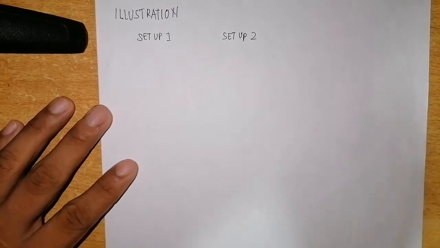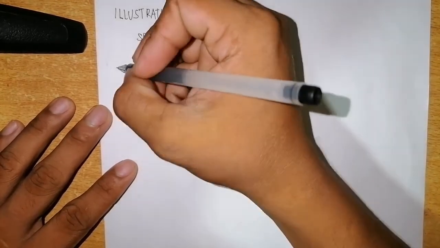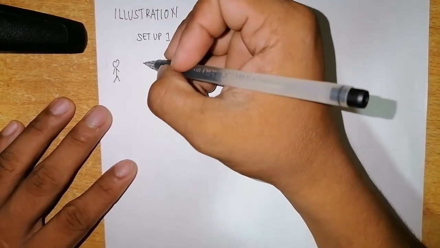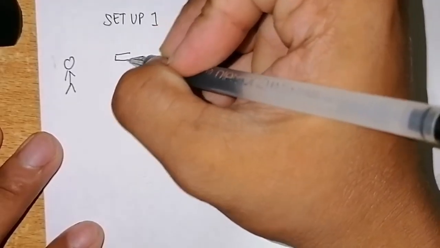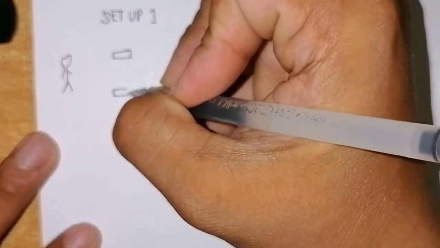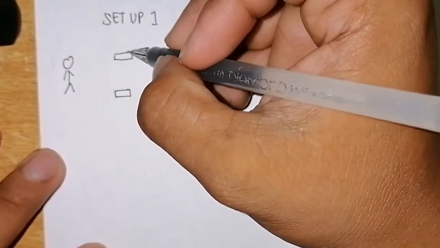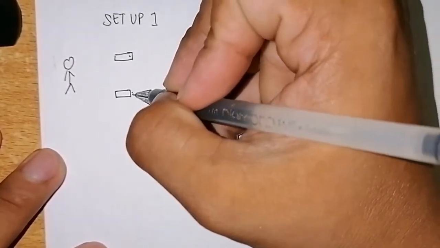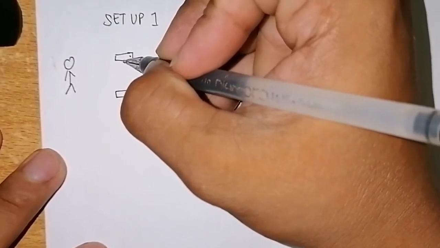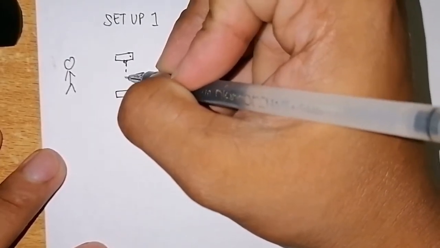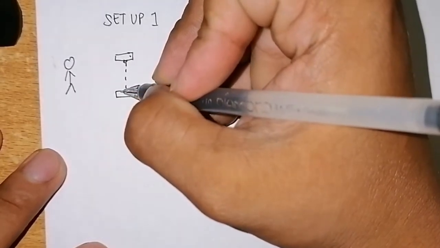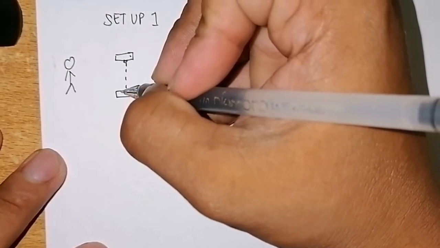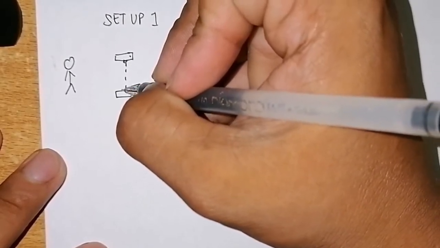In setup 1, it is known that a particular observer is watching this sort of light emitting equipment, which has a mirror here and a mirror there, where a light source comes out from here and travels this distance, and as it hits the second mirror below, it bounces back.